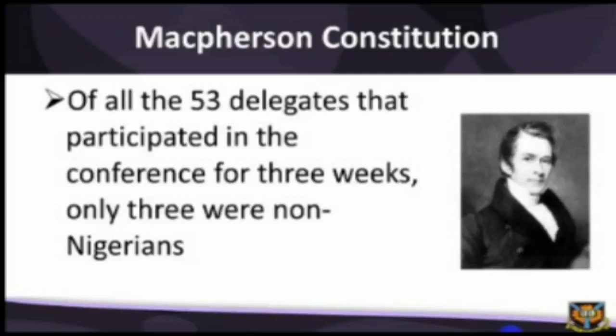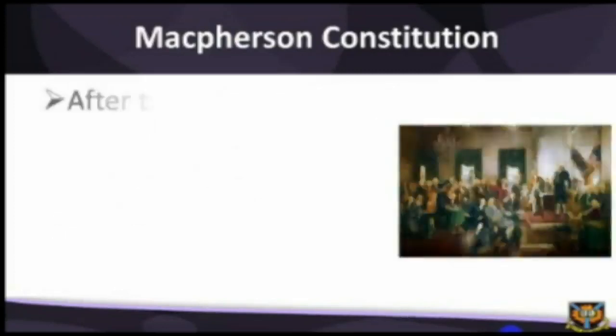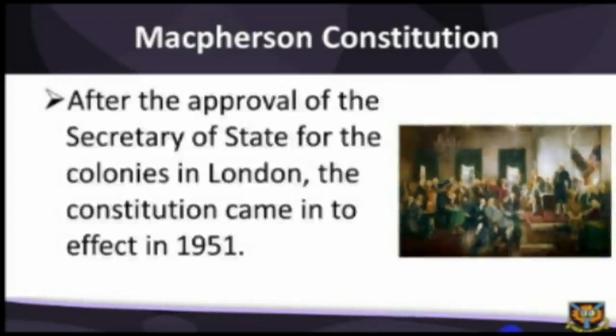The draft of the new constitution was approved by regional assemblies and Central Legislative Council in Lagos before its final submission to the governor. After the approval of the Secretary of State for the Colonies in London, the constitution came into effect in 1951.